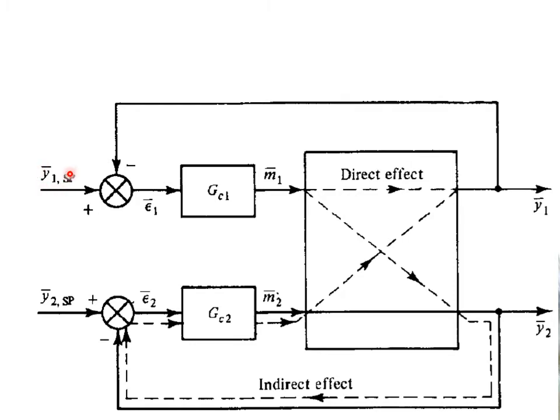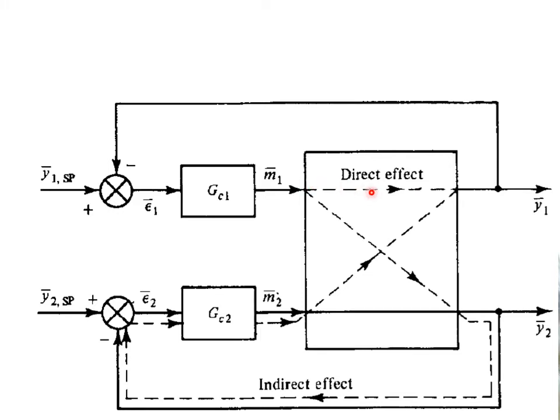So this change in set point in y1 is going to introduce an error over here. This is going to act upon the controller. The controller is going to give some manipulated variable which is going to change y1 directly. That is okay, that is cool, that is required.